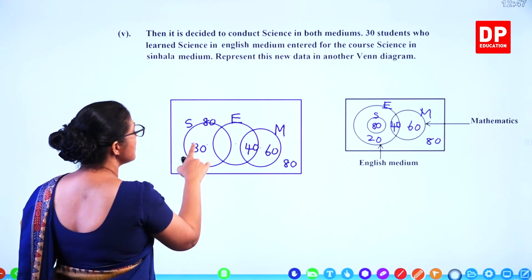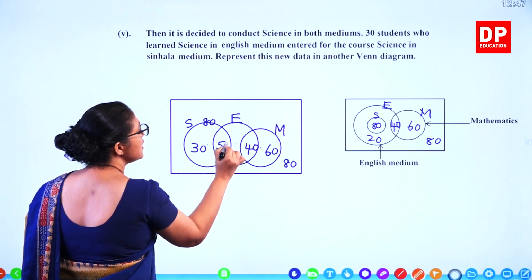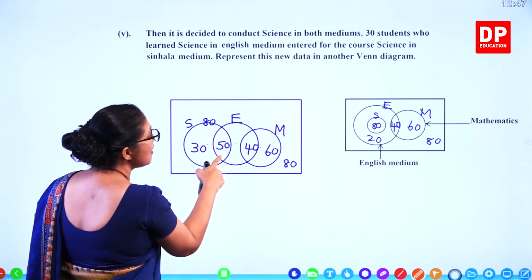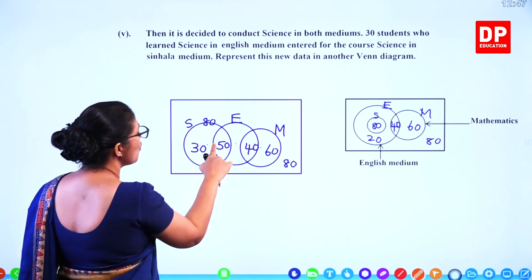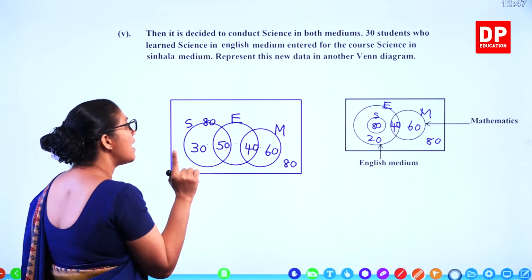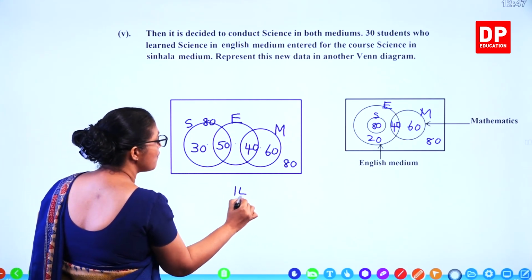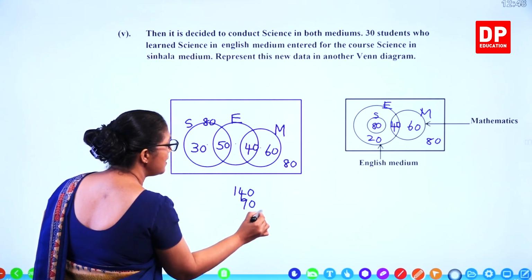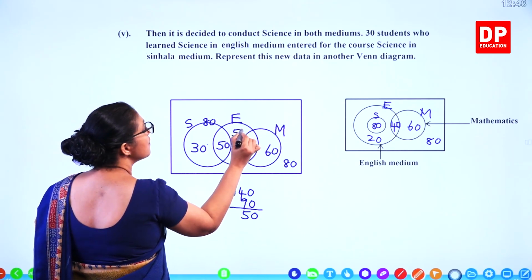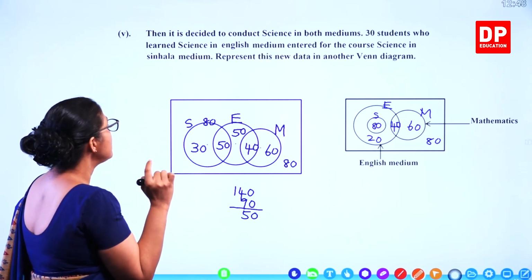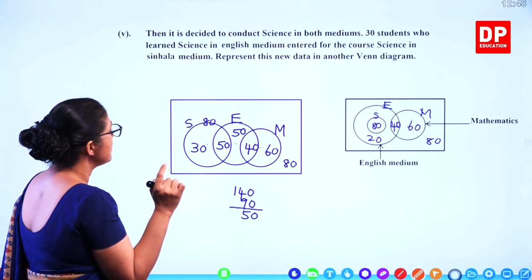So this is 30. So this becomes 50, 80 minus 30. Now English medium altogether 140. So 50 plus 40, 90, 140 minus 90, you get 50 here. So now this is the new Venn diagram.